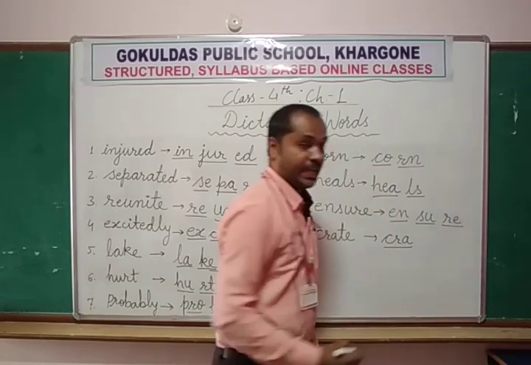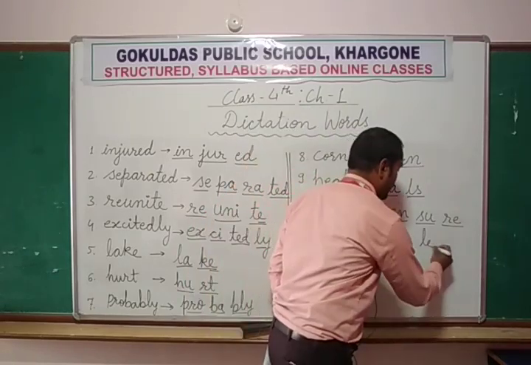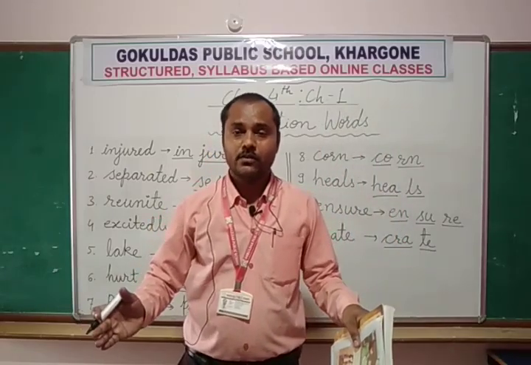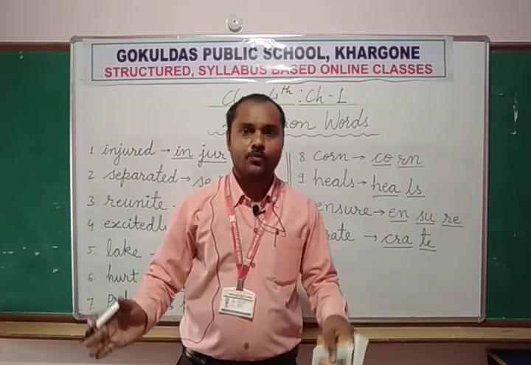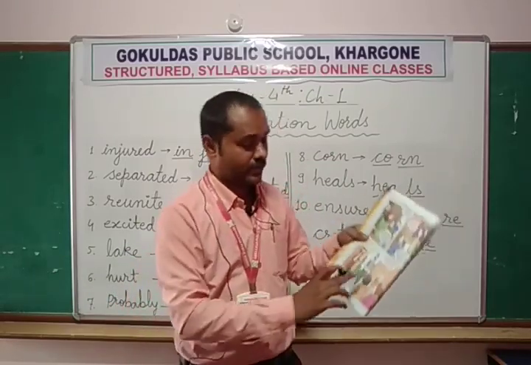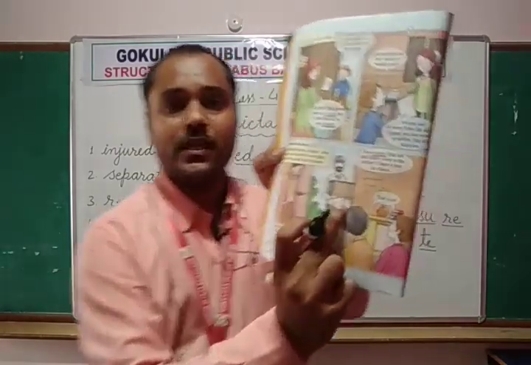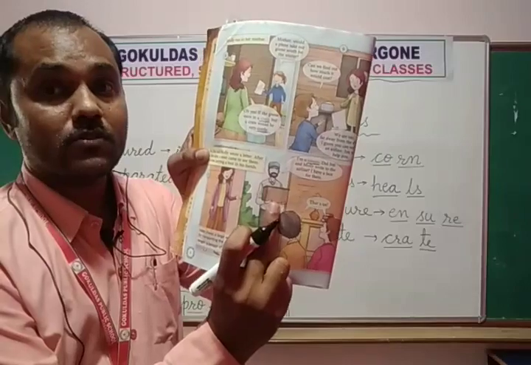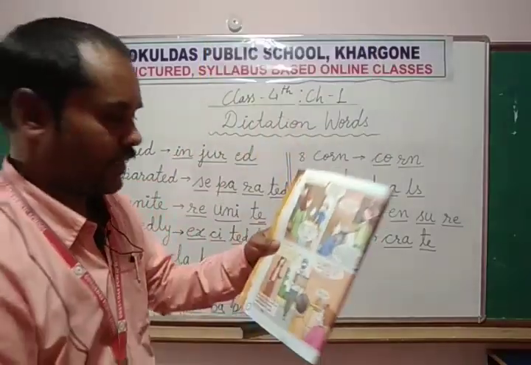R-A, crate. T-E, crate. Crate is a wooden box for transporting birds from one place to another. Just like here you can see in the picture that the ranger is carrying one wooden box, that is called a crate.